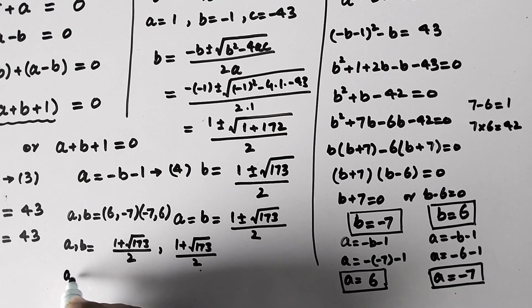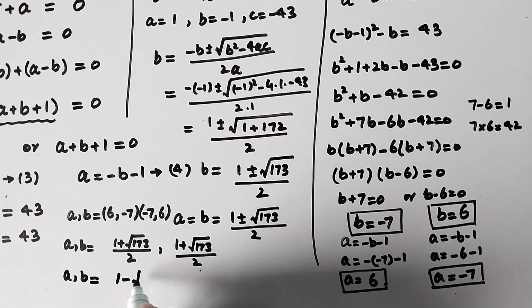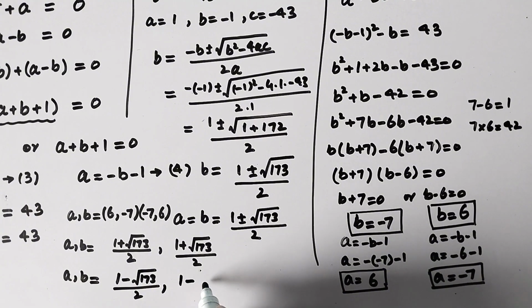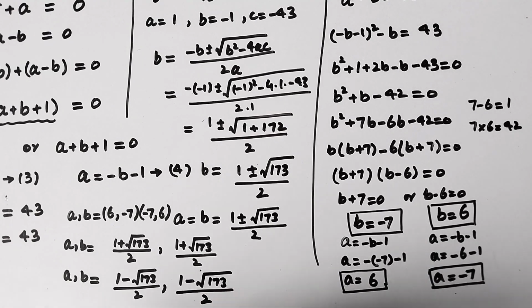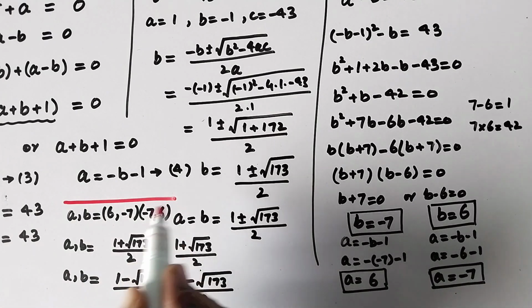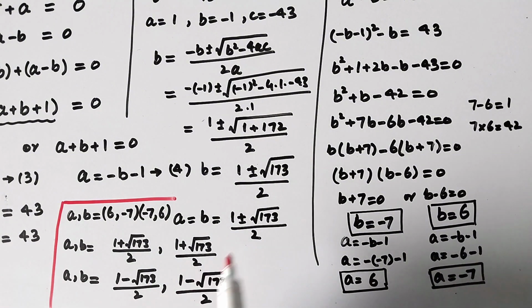And the third solution for a and b is equal to 1 minus square root of 173 over 2, and the same for b, 1 minus square root of 173 over 2. So these are the solutions of a and b here.